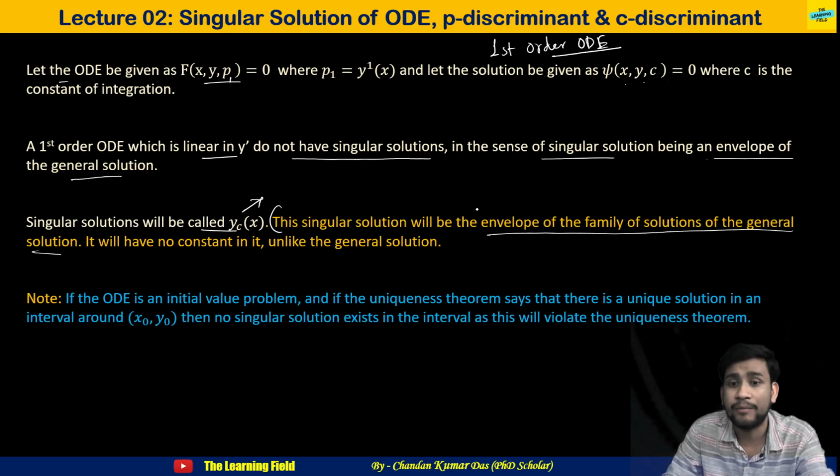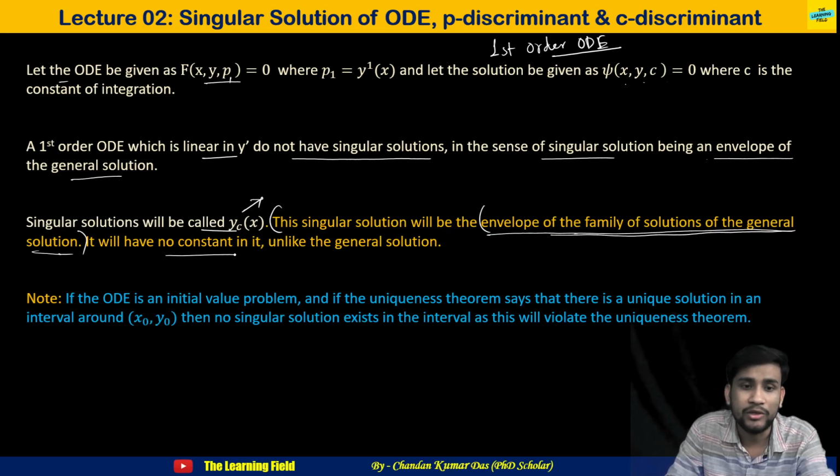If you are asked in any higher maths interview, like a PhD interview, what is an envelope or what is the singular solution, then you say just these words: the envelope of the family of solutions of the general solution, and it will have no constant in it, unlike the general solution.